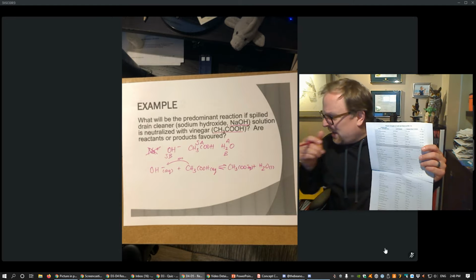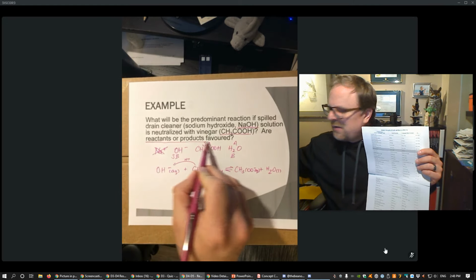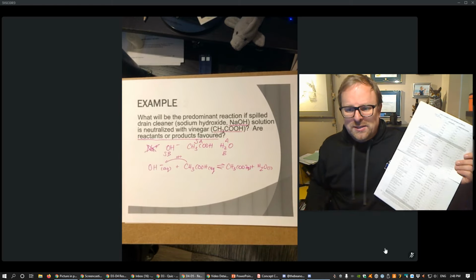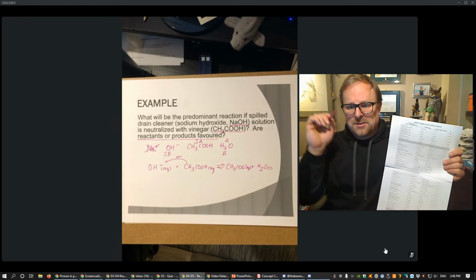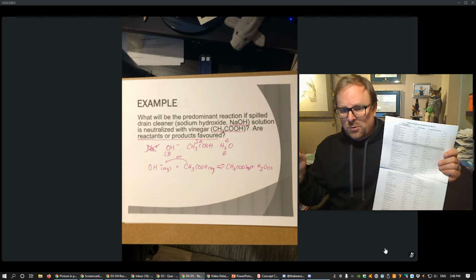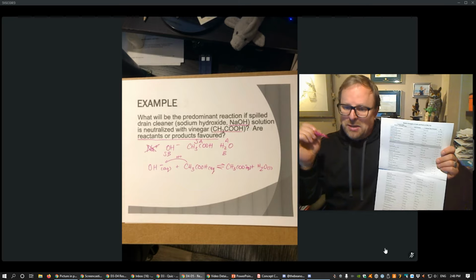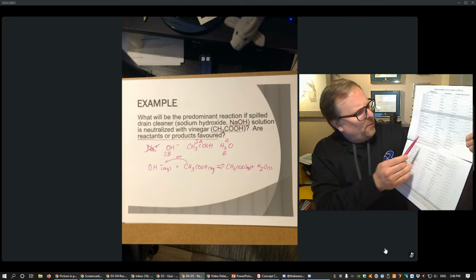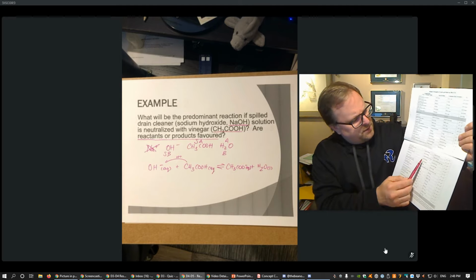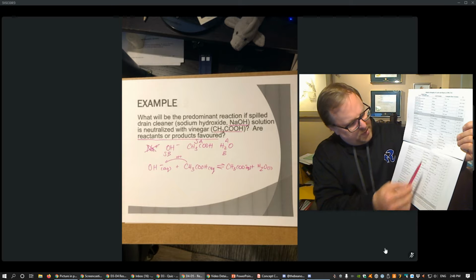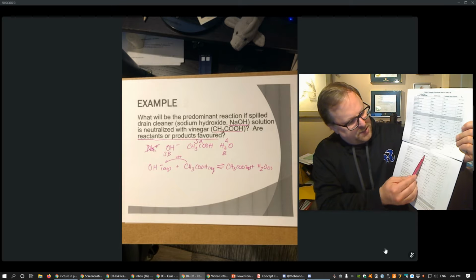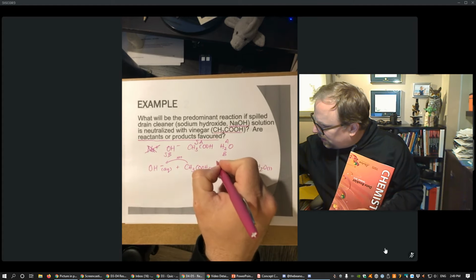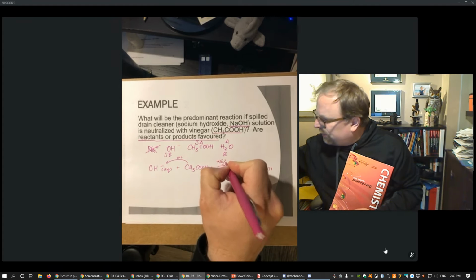So the last step then is, are the reactants or products favored? That's what the question is asking us to determine as well. So remember, we said that if your strongest acid is above your strongest base, it favors the products. If your strongest acid is below your strongest base, then it favors the reactants. Well, here is my strongest acid right here. There's my strongest base. My strongest acid is above my strongest base, so that means we're going to write up here greater than 50%.